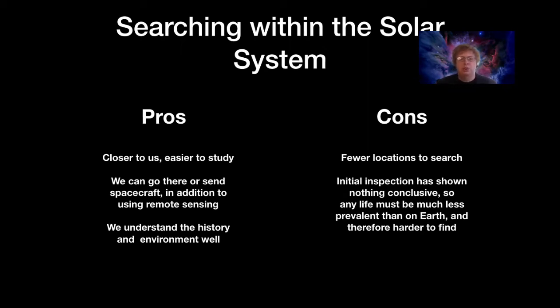a few obvious pros. And the most evident one is that it's much easier to study because all of the planets in our solar system are much closer to Earth. So for comparison, we have spacecraft that can travel to all of the planets in our solar system within a few decades. It takes about 6 months to go to Mars. It takes years to get to Jupiter and further to get to outer planets like Pluto, Neptune, Uranus.